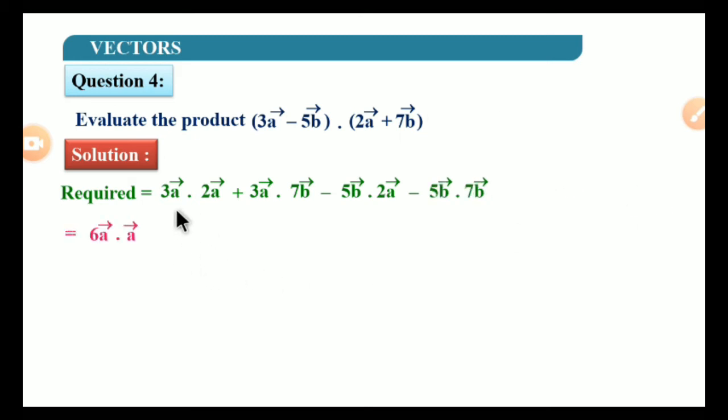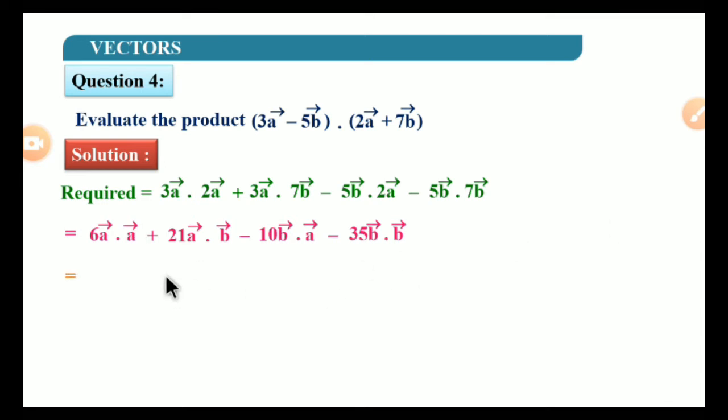So now here we have to make simplification. 3 into 2 becomes 6 into a dot a plus 21 into a dot b minus 10 into b dot a minus 35, because 5 into 7 is equal to 35, 35 b dot b.